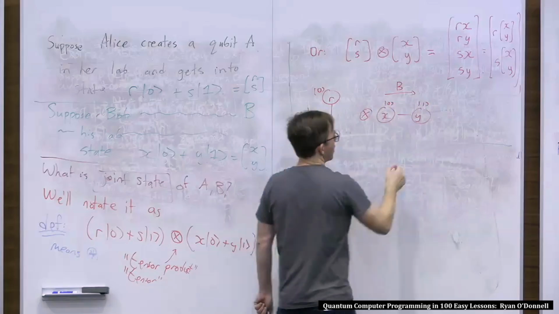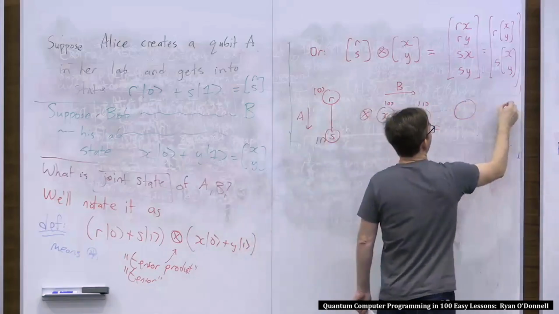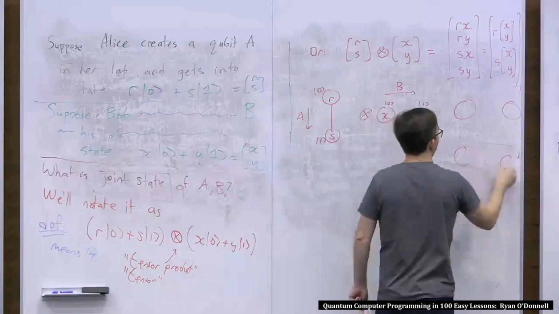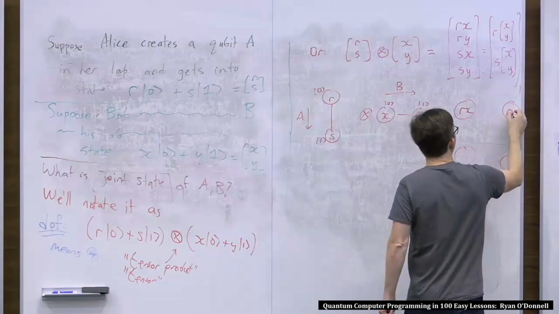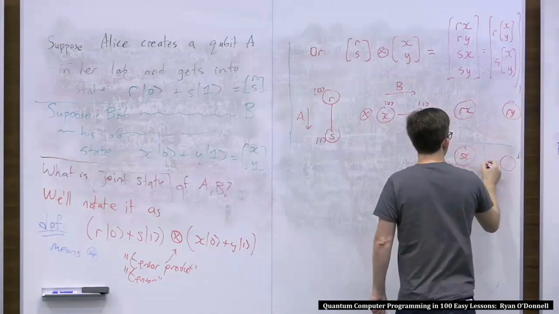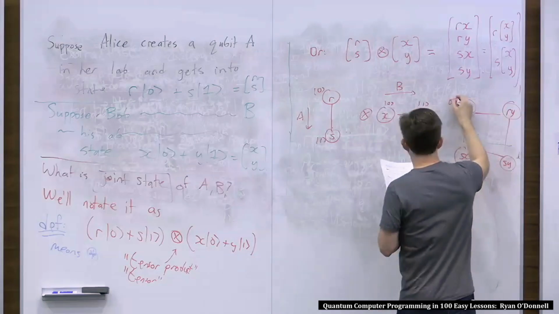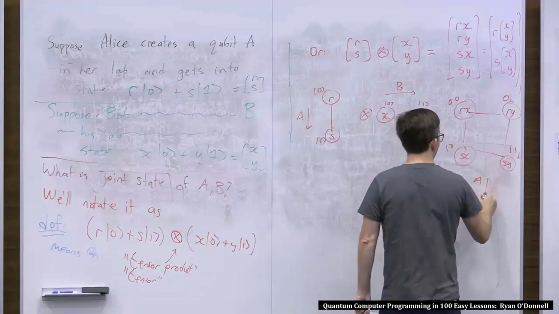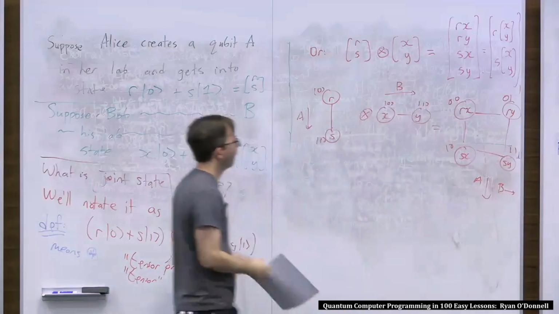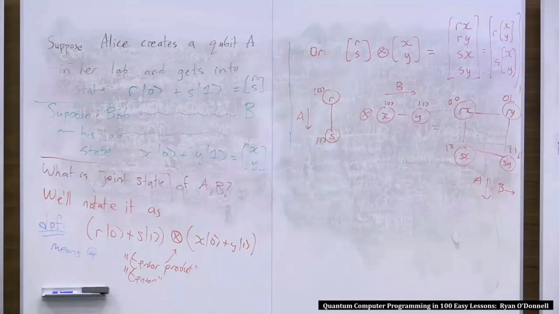We should get a square diagram. And we do. We get Rx, Ry, Sx, Sy. So 0, 0, 0, 1, 1, 0, 1, 1. Okay, so these are all saying the same thing.